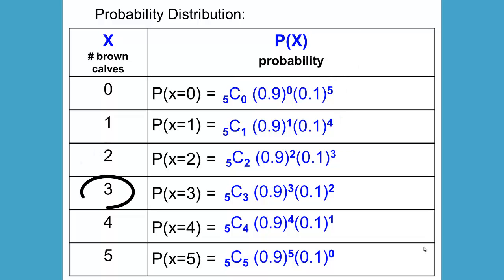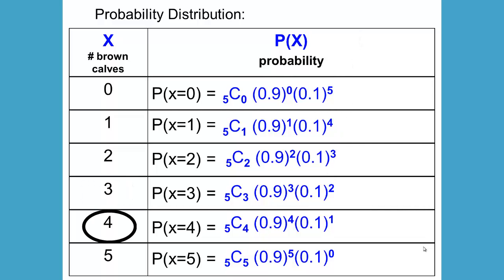Again, now looking at x equals 3, that would be 5 choose 3, 0.9 to the 3, because there would be 3 calves that are brown. The probability of being brown is 0.9. That leaves 2 calves not brown, or 5 minus 3, so that we have the rest of the calves not being brown.